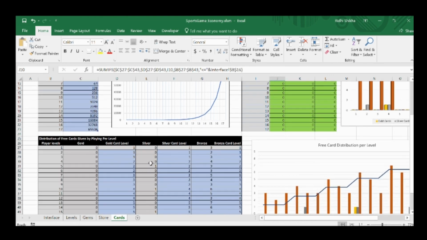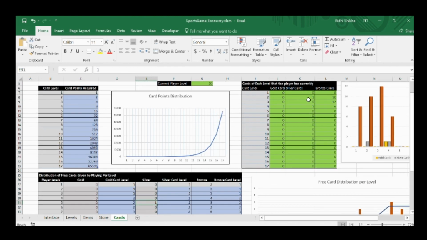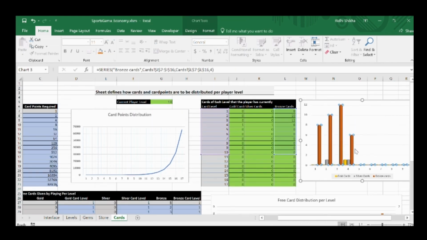We've given two silver cards by now, at the 5th level and 10th level. So one silver card of 2nd level and one silver card of 4th level, and that's what he has. And the last is bronze cards of different levels. The distribution is over here on how the player has different types of cards at his particular level.